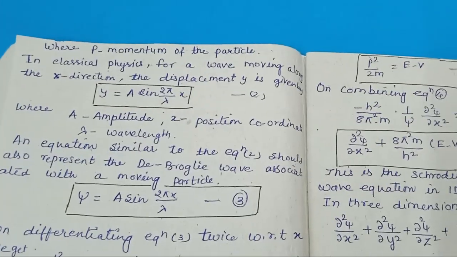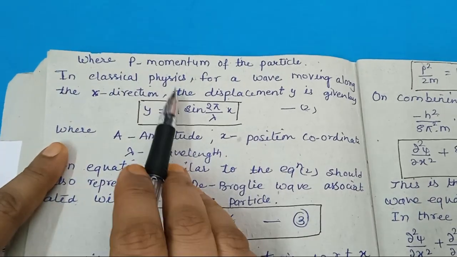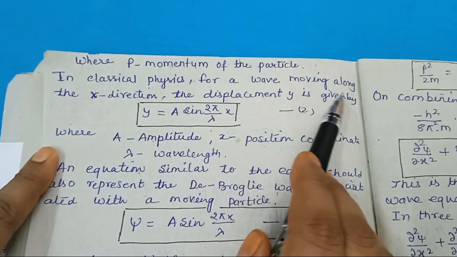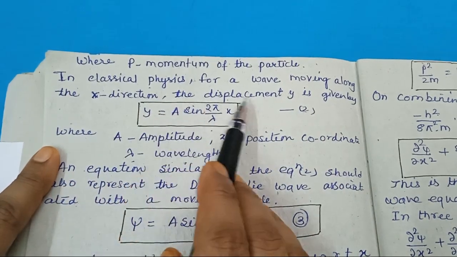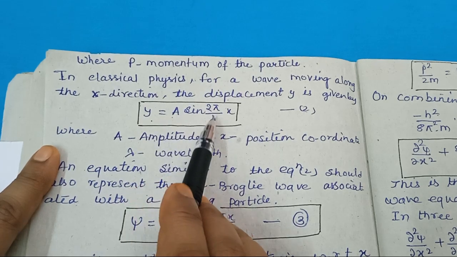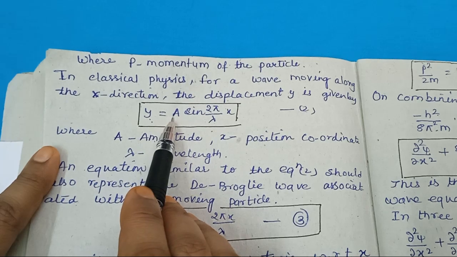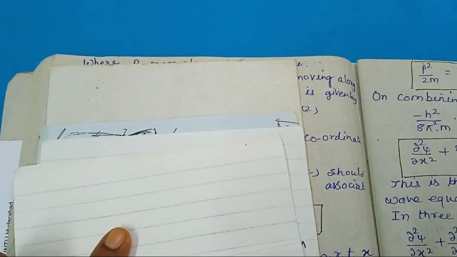Here p is the momentum of the particle, but in classical physics, for a wave moving along the x direction, the displacement y is given by y equal to a sine 2 pi x upon lambda. Amplitude means the maximum displacement.